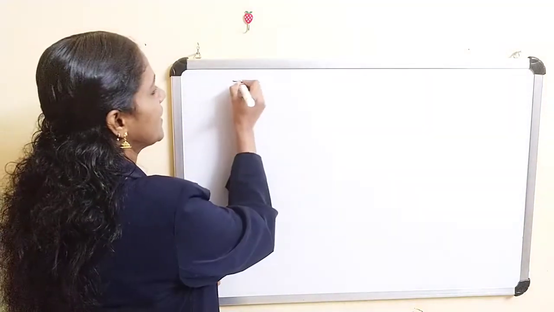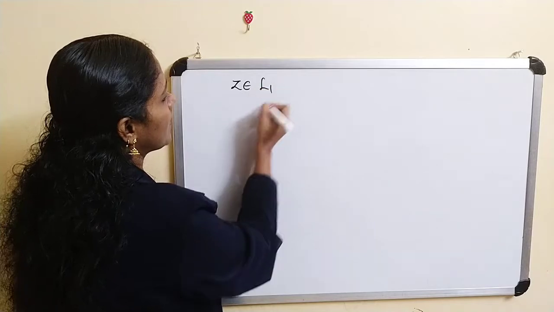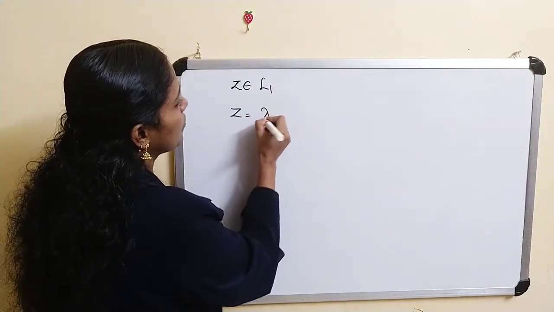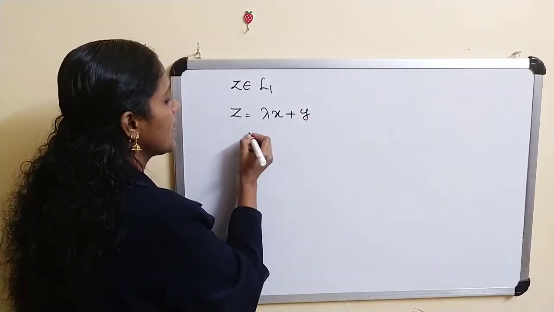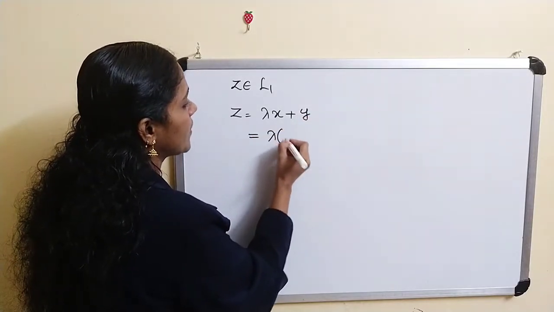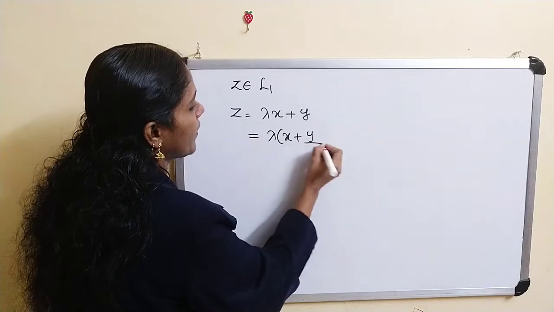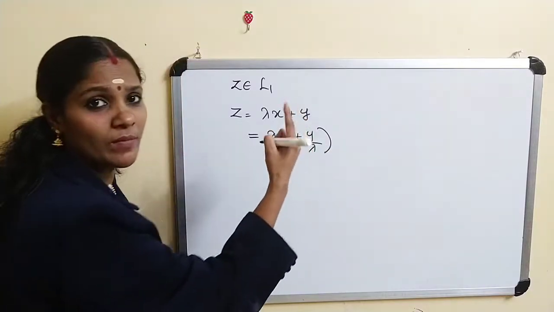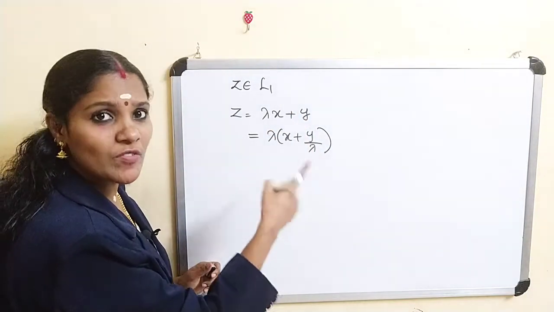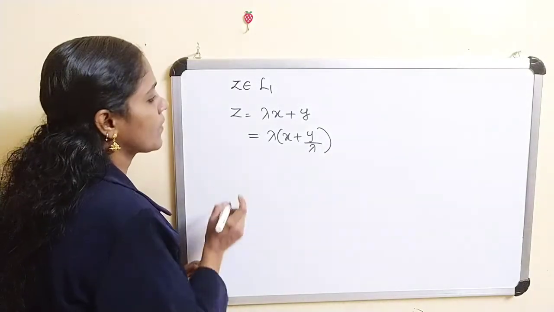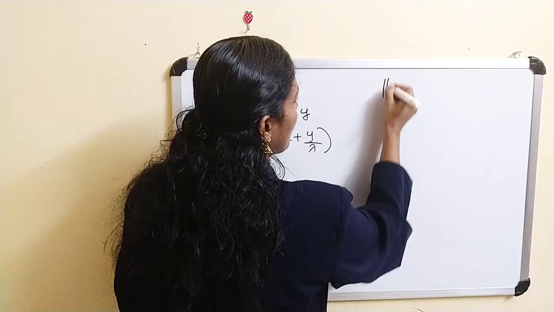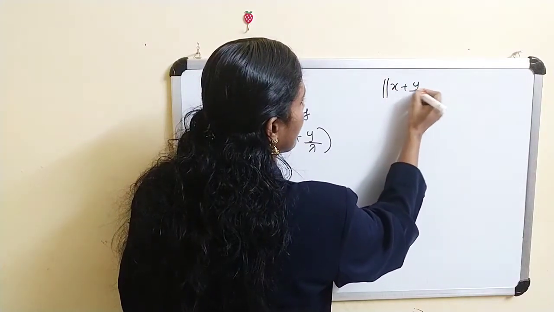Now, for any z belongs to L1, z is equal to lambda x plus y. And this you can write as lambda into (x plus y by lambda). Y by lambda belongs to L, since L is a subspace. Now clearly, what about the norm of x plus y by lambda?